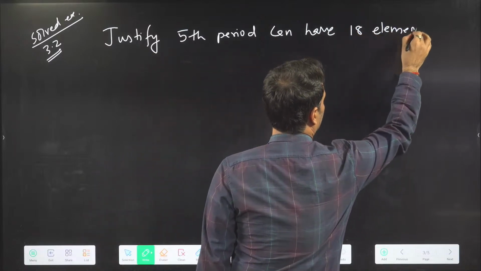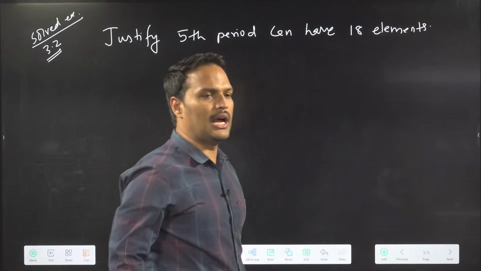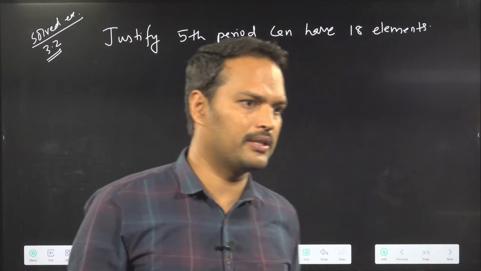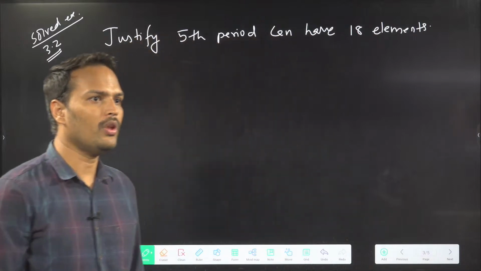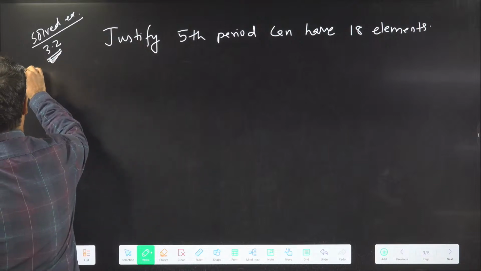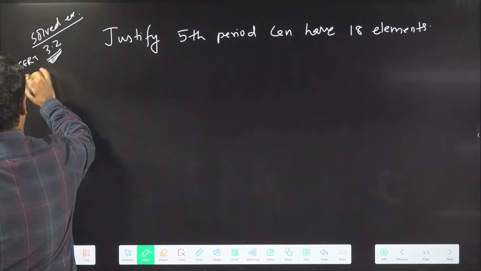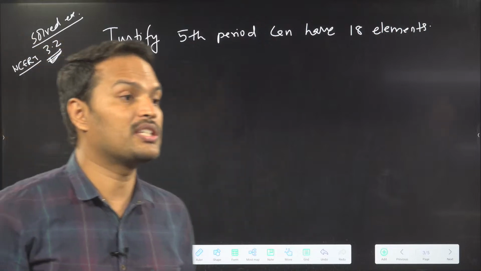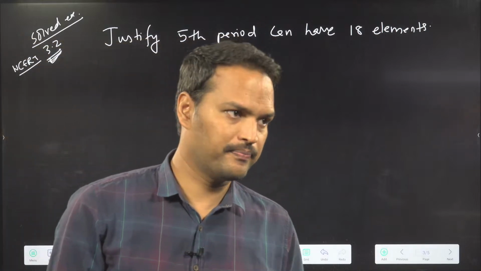They are asking you tell me how fifth period can have 18 elements. All of you have seen this question? Just check it quickly, everyone. How we will justify this?